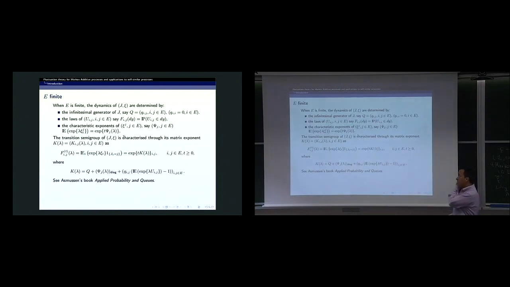Well, if for Lévy processes we are able to characterize the dynamics via the characteristic exponent, it will be natural to do the same for Markov additive processes. And in fact, we can do that. By the property of independent increments, we can check that the whole law of the process is determined via this characteristic function.